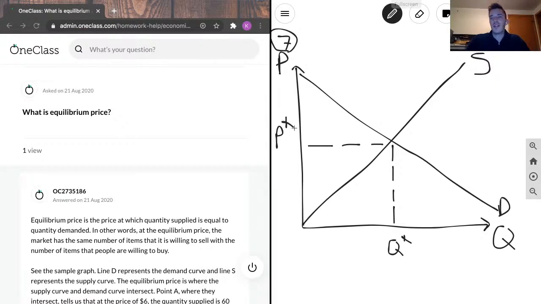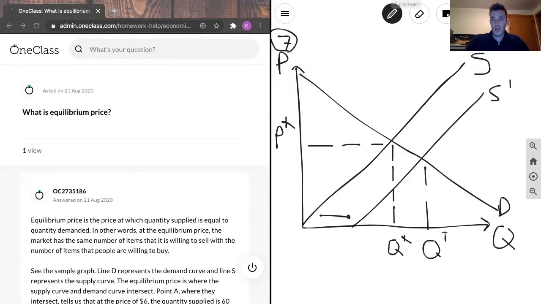So the equilibrium price can change when there are changes to either the supply or the demand. So say our supply curve were to shift out, call that S prime, we would have a new equilibrium denoted by where the new supply meets demand.